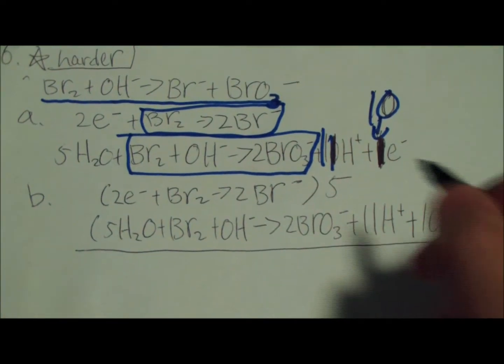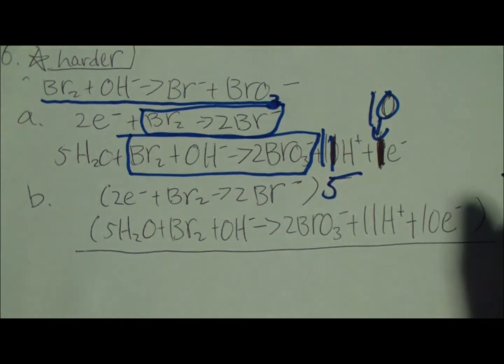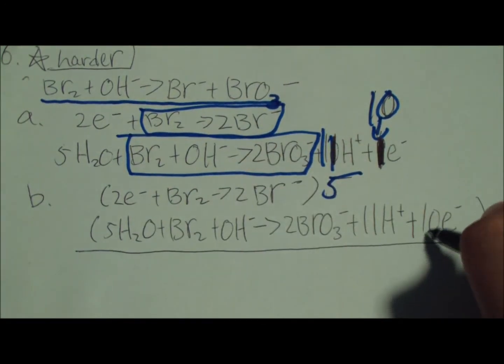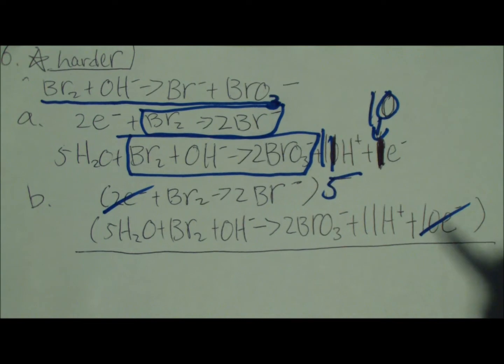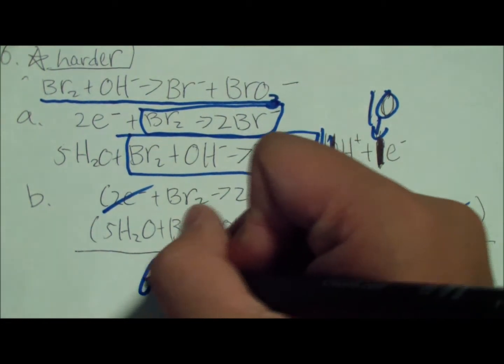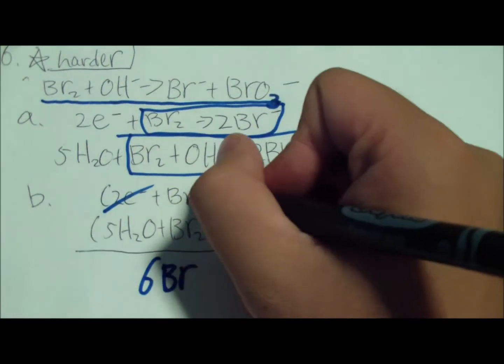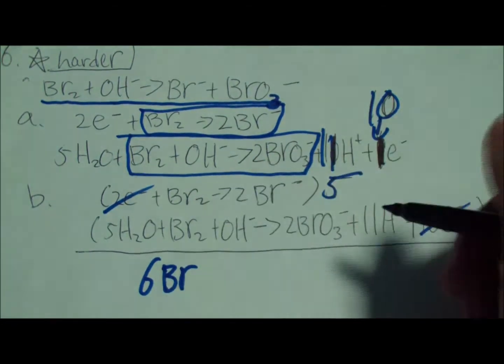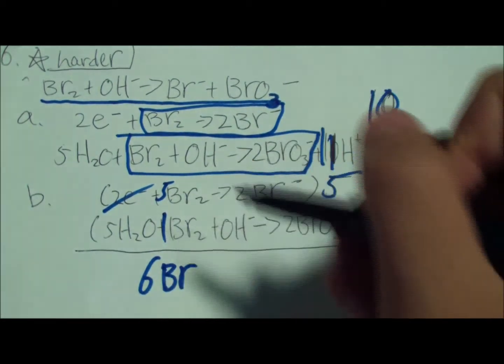And then after that, you multiply it by 5 here, and then you just cancel out the charge, 10 electrons and 10 electrons there. So it would be just 6Br, because 5Br here and 1Br here. So you have to add them up.